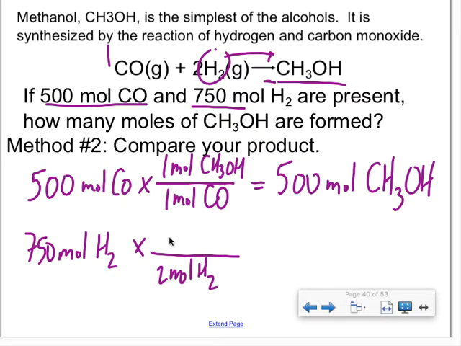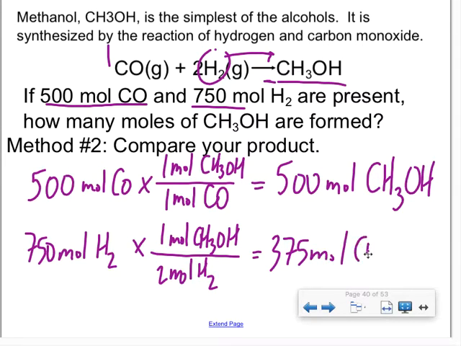I'm going to methanol, 1 mole of CH3OH, and I multiply across, 750 times 1 divided by 2, is it 375, right? Yeah. Moles of CH3OH.